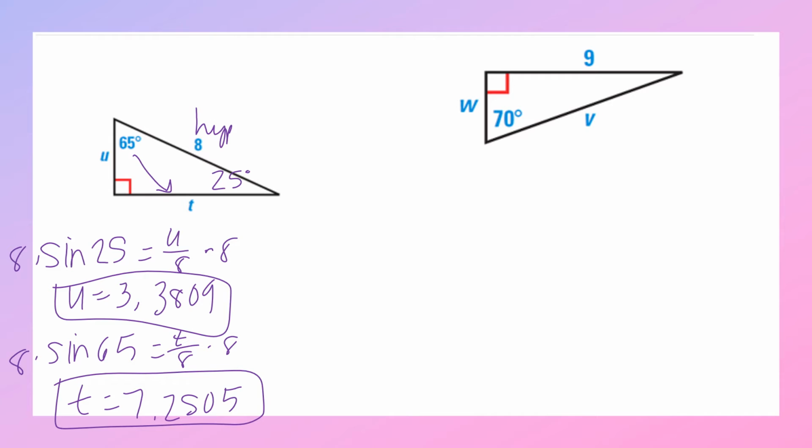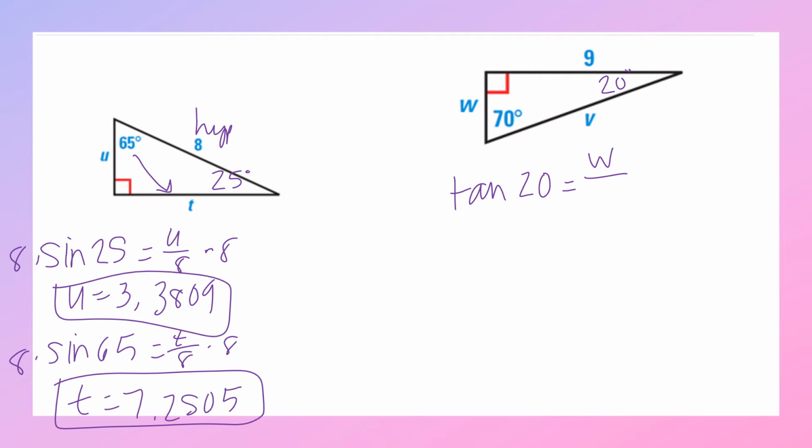For the last one, if I have 90 and 70, this angle has to be 20 degrees. It doesn't matter which one you start with. I'm doing sine of 20 to start. The opposite side from 20 is W, and the hypotenuse, I can't do that. I guess I messed that up. Hold on. I need to do tan of 20.